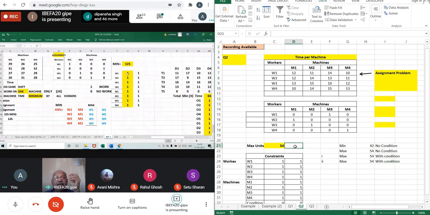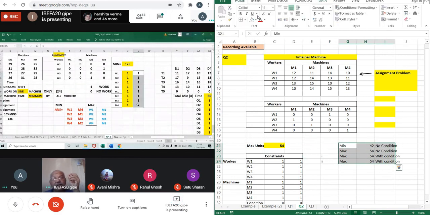See, when we give constants, we have a left hand side and a right hand side, correct?